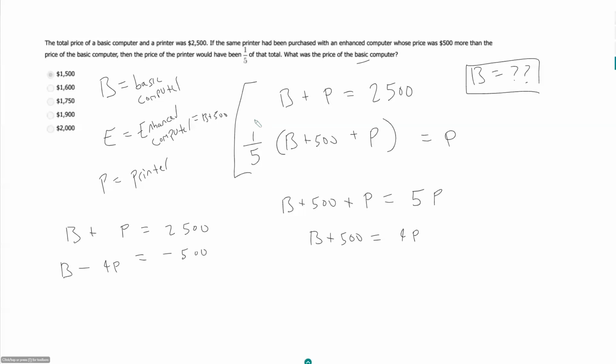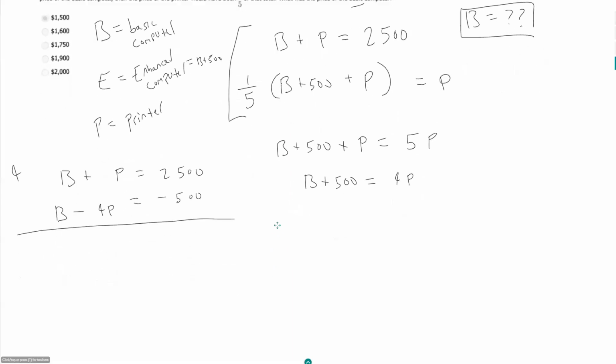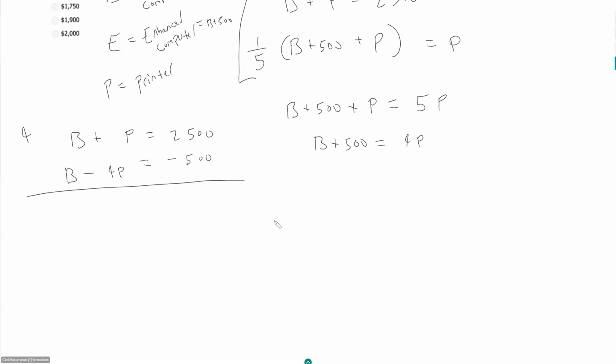So if I am solving for B, that means I want to get rid of my P. If I multiply this first equation by 4, I will be able to simply add these two equations to get rid of my P. So that top equation becomes 4B plus 4P is equal to 2,500 times 4, which should be 10,000.